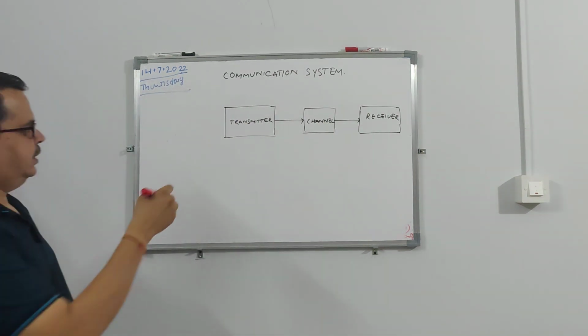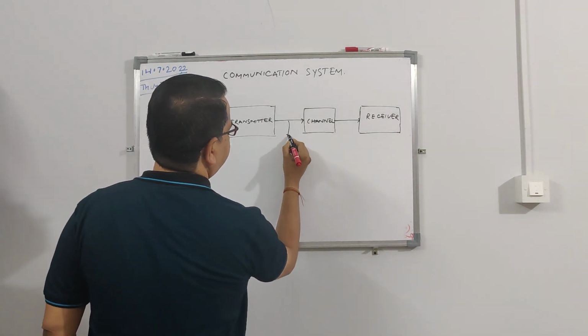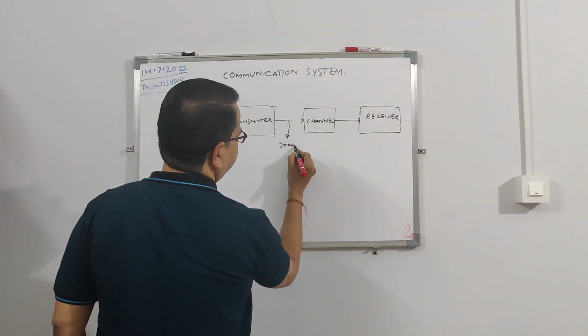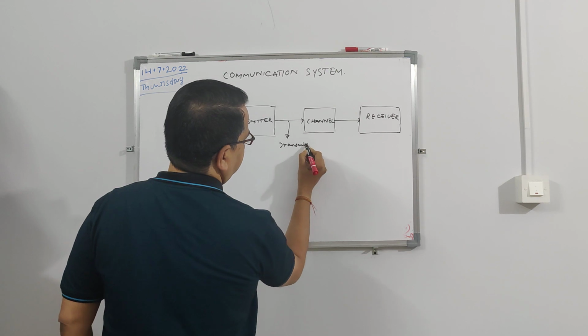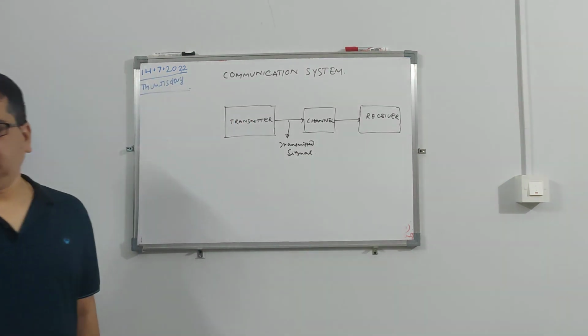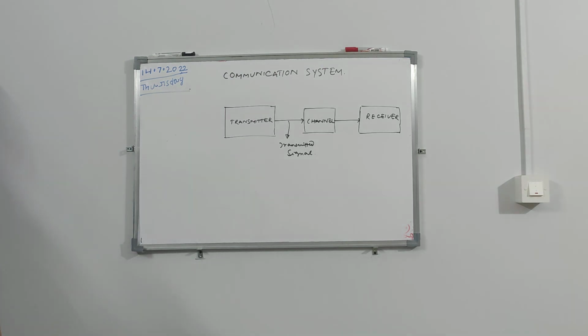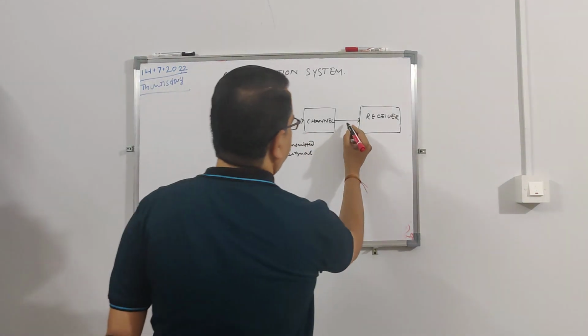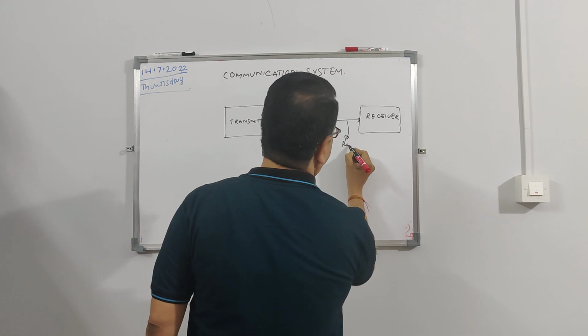The transmitter sends what we call the transmitted signal, and at the receiver it is called the received signal.